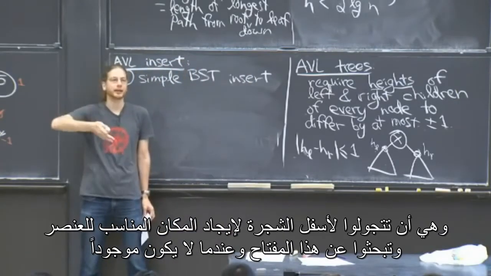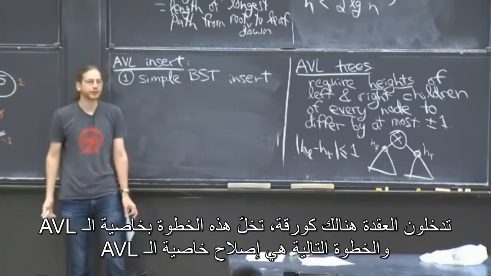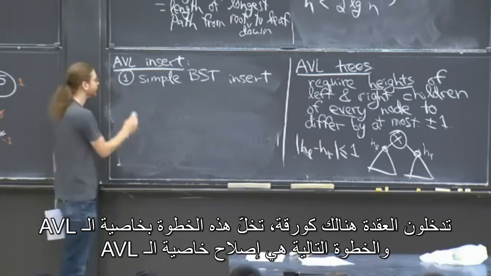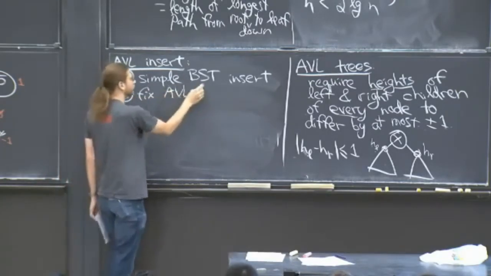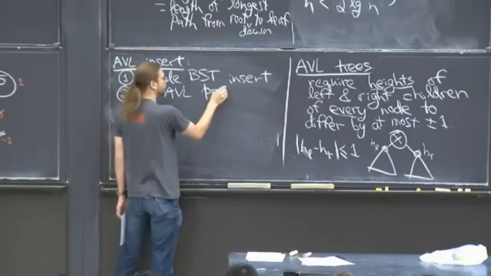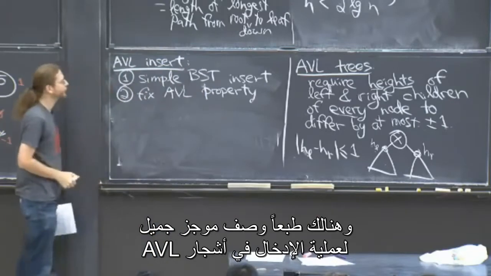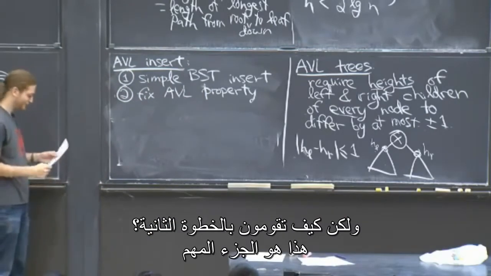You search for that key, and wherever it isn't, you insert a node there, insert a new leaf, and add it in. Now, this will not preserve the AVL property. So the second step is fix the AVL property. And there's a nice, concise description of AVL insertion. Of course, how you do step 2 is the interesting part.